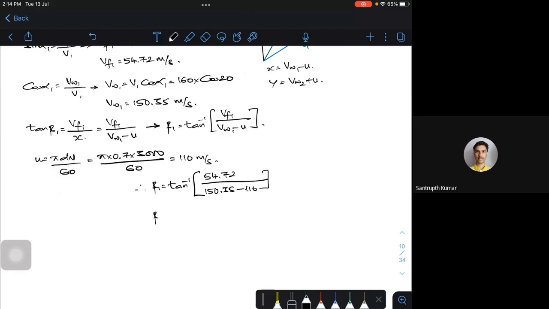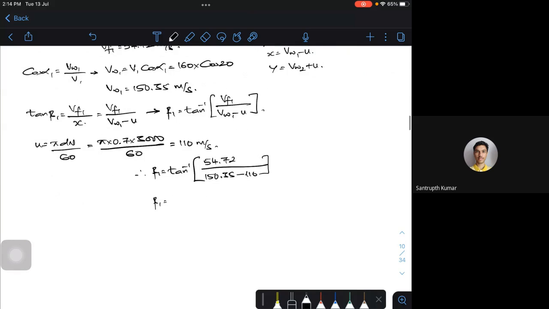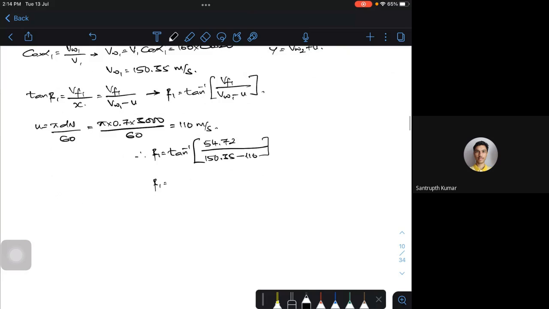I am getting my beta 1 roughly around 53.59, that is roughly around 54 degrees. If you try to do it graphically, you may get around 55 degrees, 55 or 54 or 56. To be very clear, around 55 degrees you will get it.